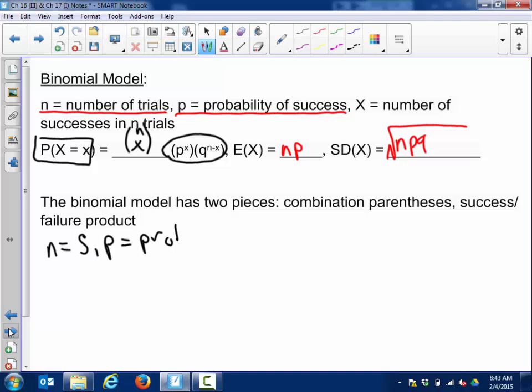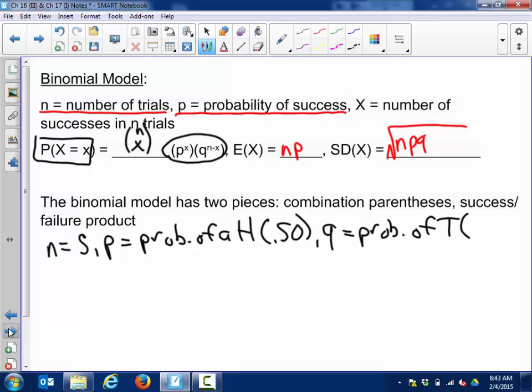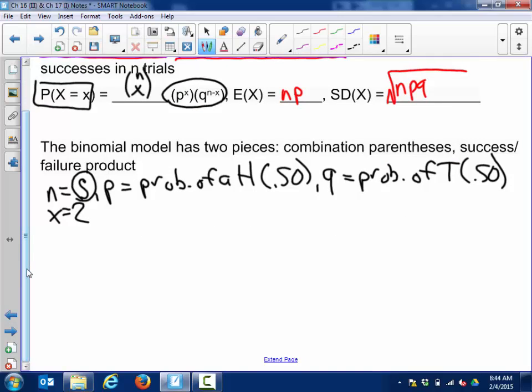Let's say we're talking about coin flips. So P is the probability of a head being flipped, and that's a 50% probability. Q, therefore, is the complement probability of a tail. That's also 50%. And X, let's say that I want to see the probability that of my 5 flips, I have 2 heads, okay?